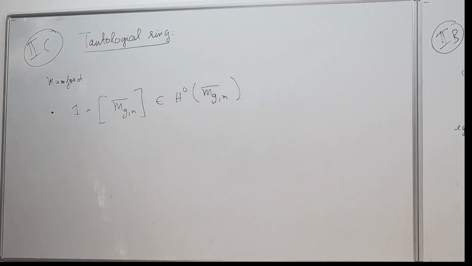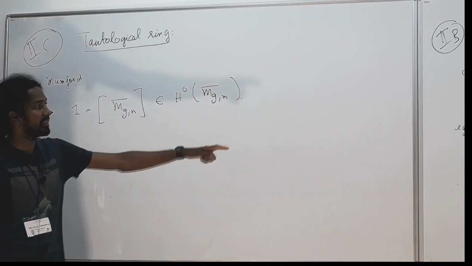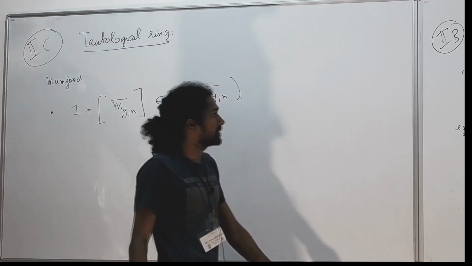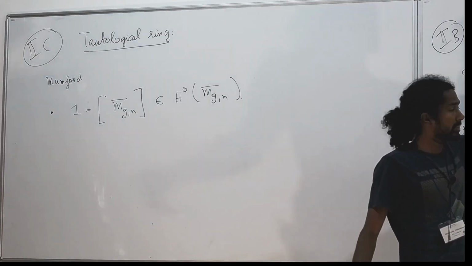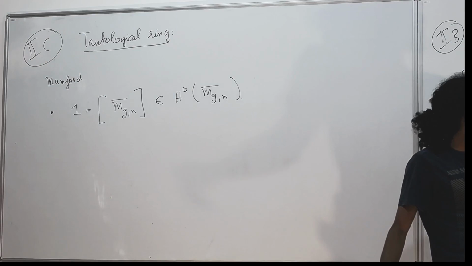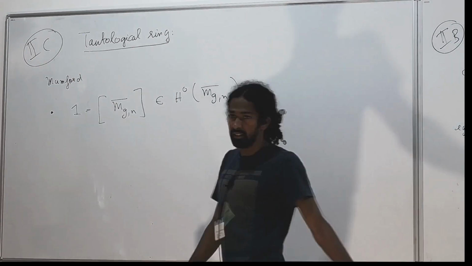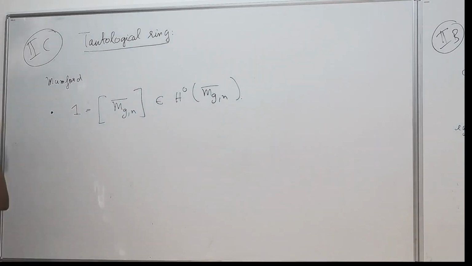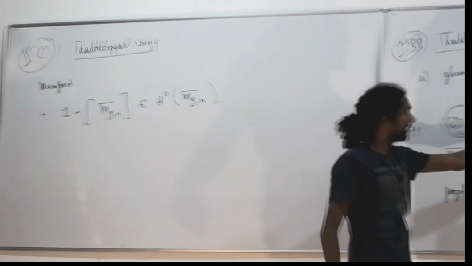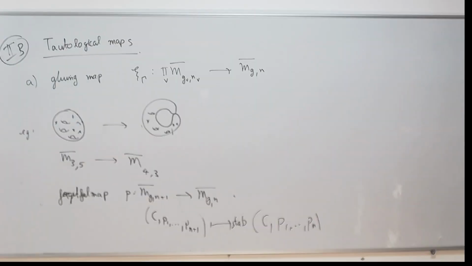And we've seen that the image of this map was actually the closure of the strata. We'd like those things as well. So we have some really nice subspaces in M_g,n bar. We'd also like to have the cohomology classes associated to those.